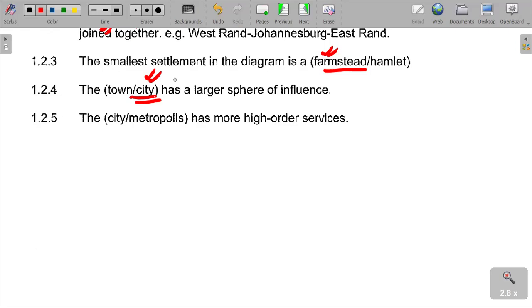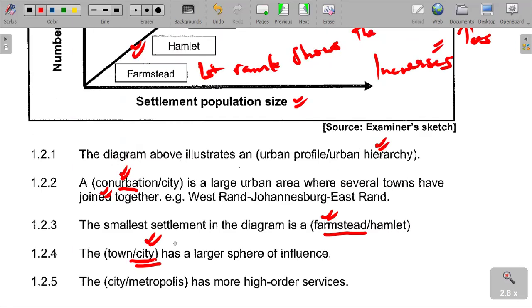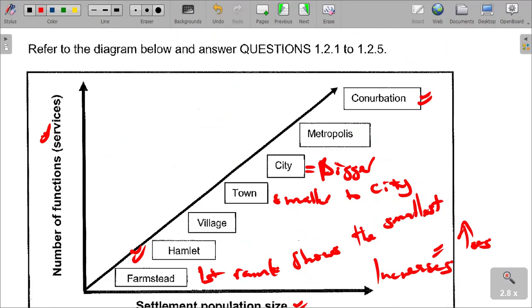And then the dash has more higher order services. Which one has higher order services? What you need to understand is that higher order services are functions. On this classification, we are looking at the number of functions or services.